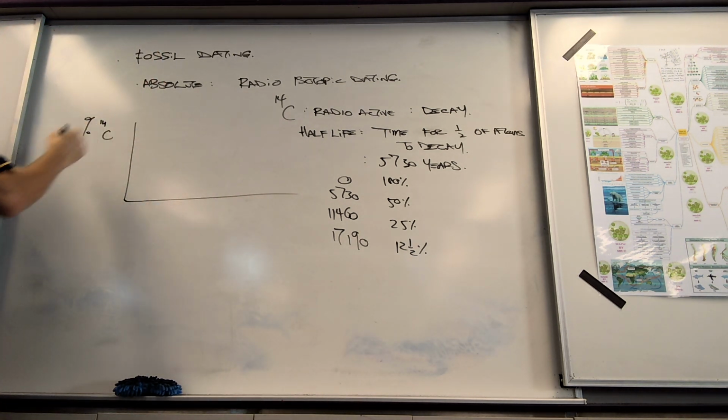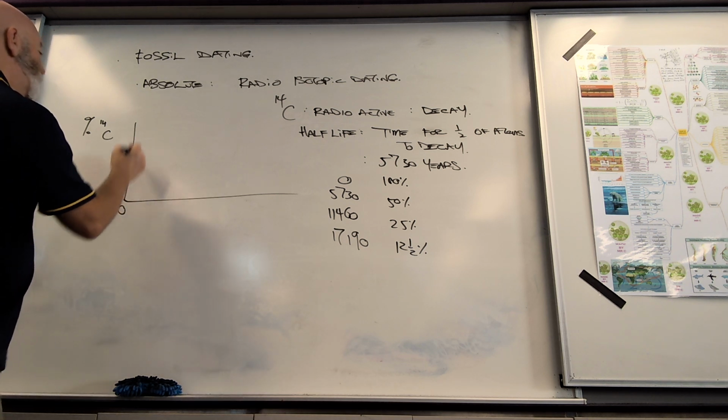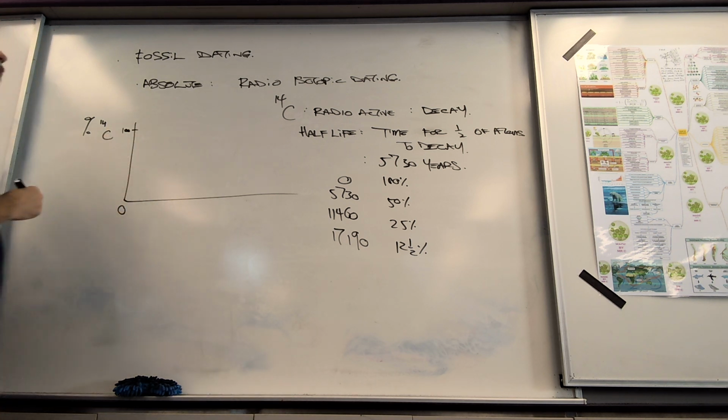If we were to draw a graph of that, here we've got the percentage of carbon-14. It's normally a ratio, but here we've got the percentage amount of carbon-14. When you died, you had 100% of the carbon-14 in your fossils. But it diminishes over time because it breaks down, by radioactive decay.